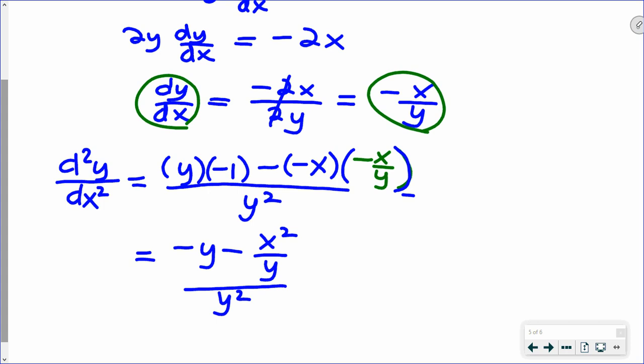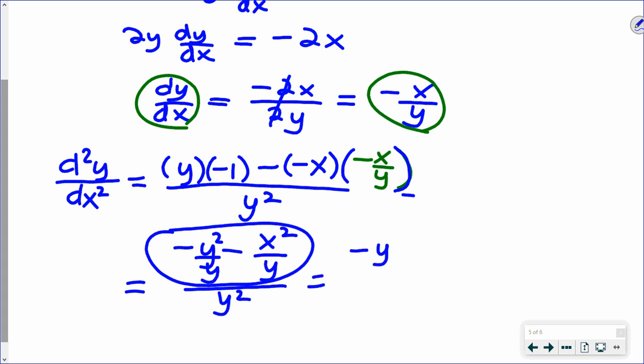So let's find a common denominator. If I made this negative y squared over y, I would have a common denominator. And then I could just subtract the numerator, put it over the common denominator. Okay, now that's still all over y squared. But then eventually I could multiply.